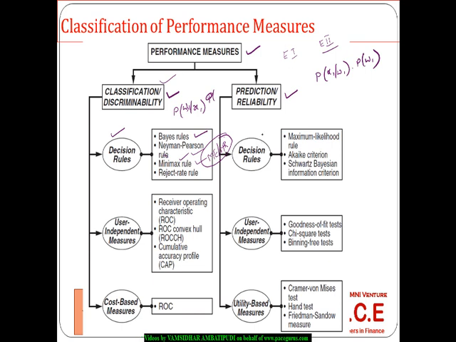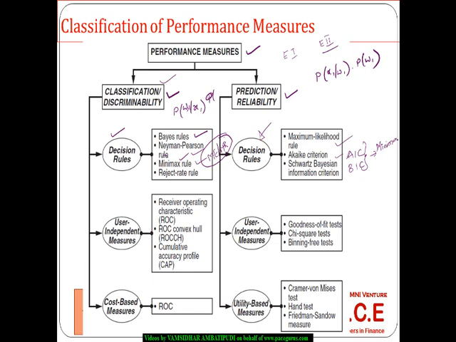If my objective is prediction, I can go with the maximum likelihood rule or the Akaike information criterion or the Schwarz-Bayesian information criterion, where we have used the formulas for both of them, and my intention is to have a minimum value for that particular criterion.